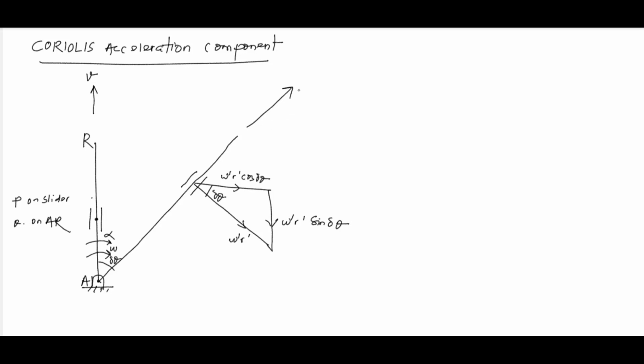Here, let's say this linear velocity is now v dash, and this will be v dash cos theta. This component will be v dash sin theta. This component is v dash. The angle is del theta.